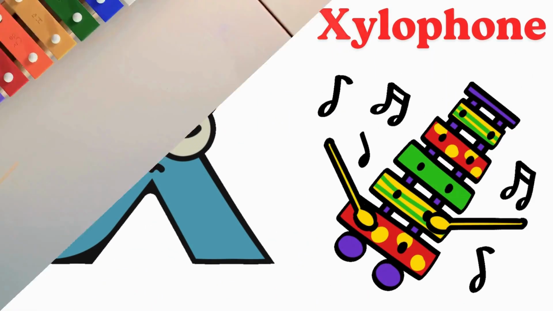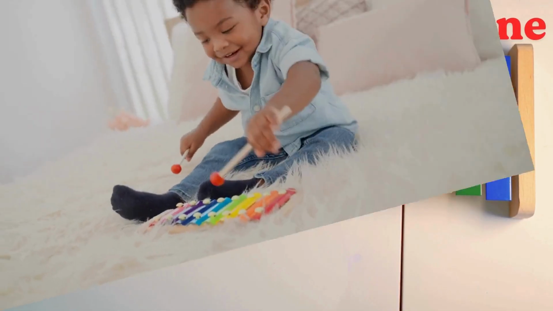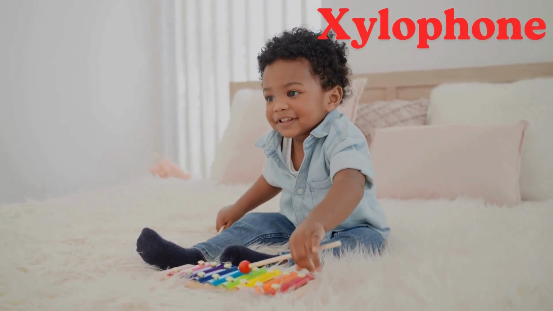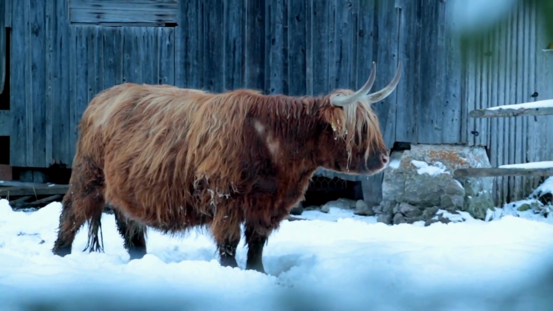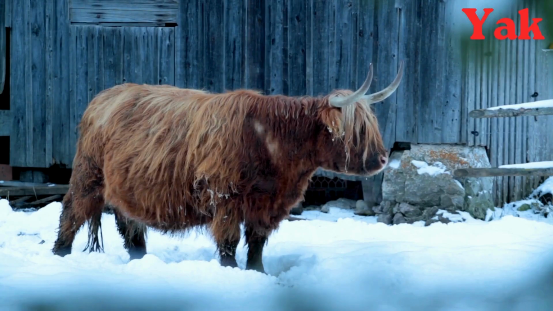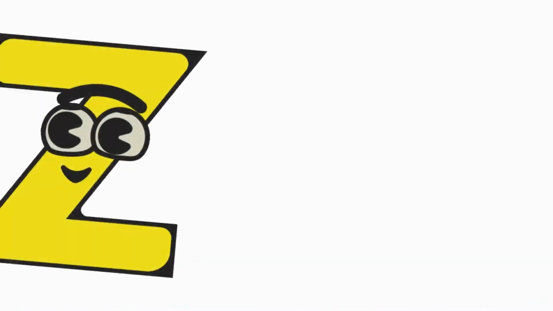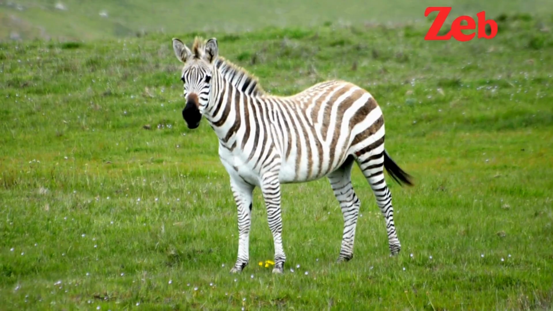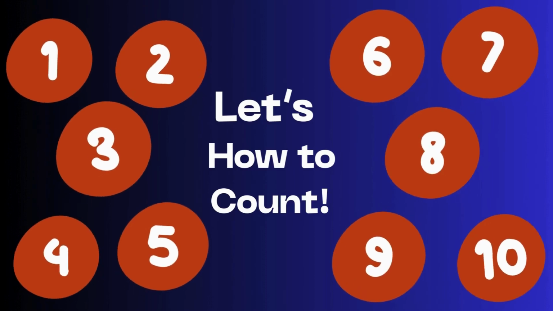X is for xylophone. Y is for yak. Z is for zebra. Let's learn how to count, let's count with me.